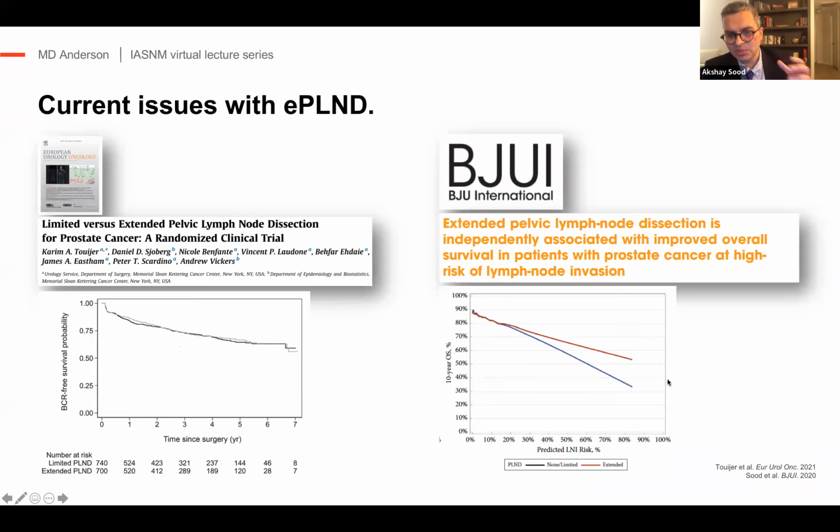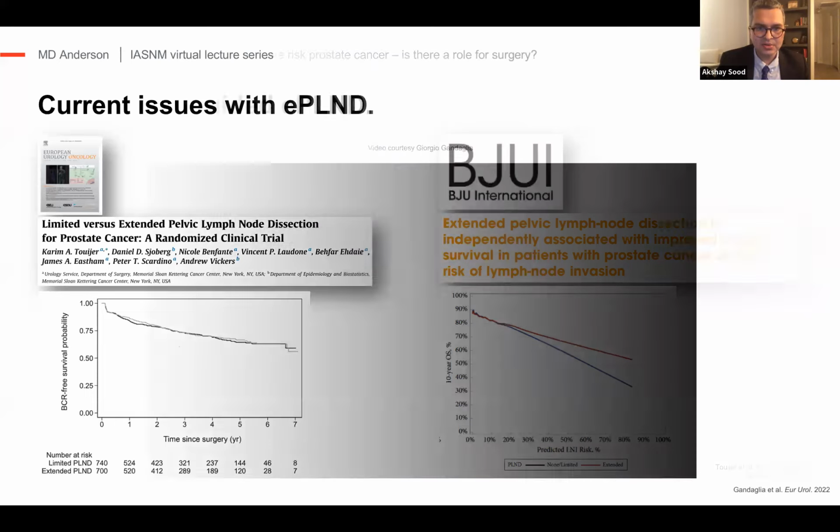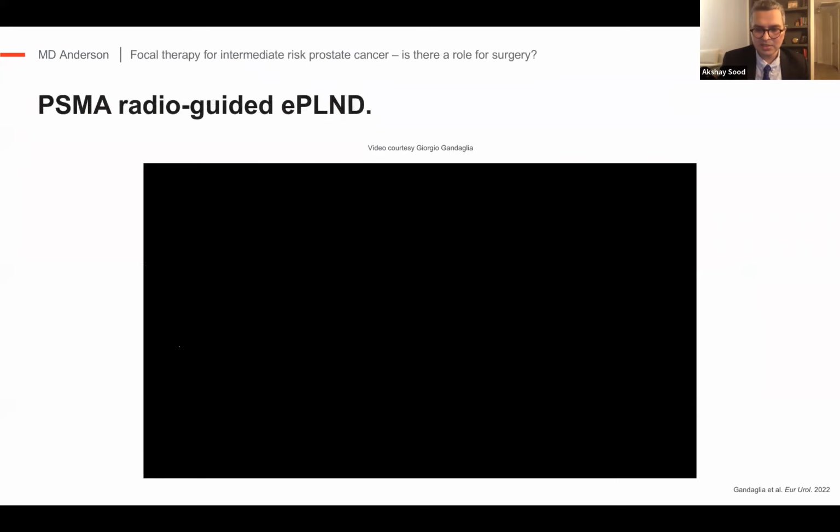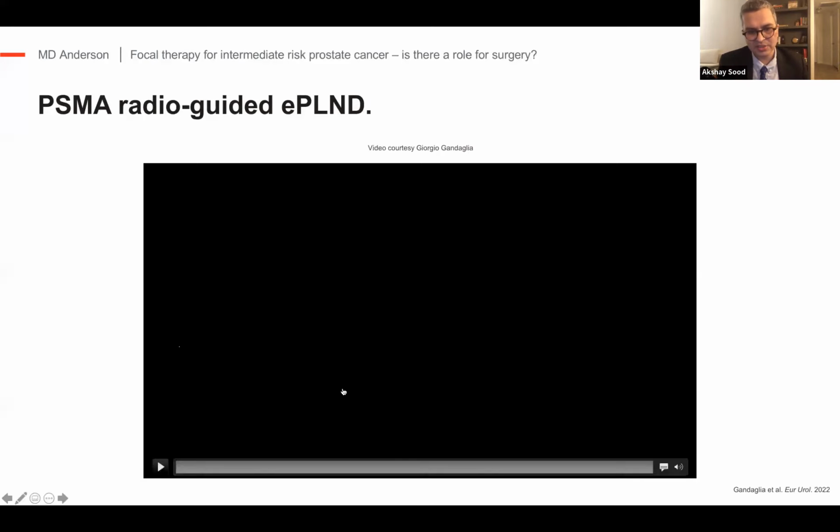That means patients at a predicted higher risk for lymph node invasion may benefit from extended lymph node dissection. So again, we have to keep in mind the oncological benefit versus the side effects when we discuss extended lymph node dissection with these patients. And to this end, Gandaglia et al. recently published a paper in European Urology where they thought that, of course, nomograms are helpful in guiding treatment and having a discussion with the patient.